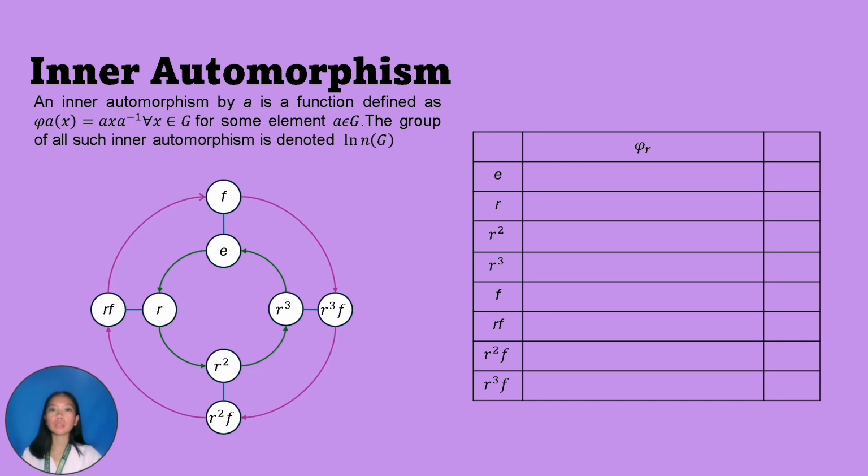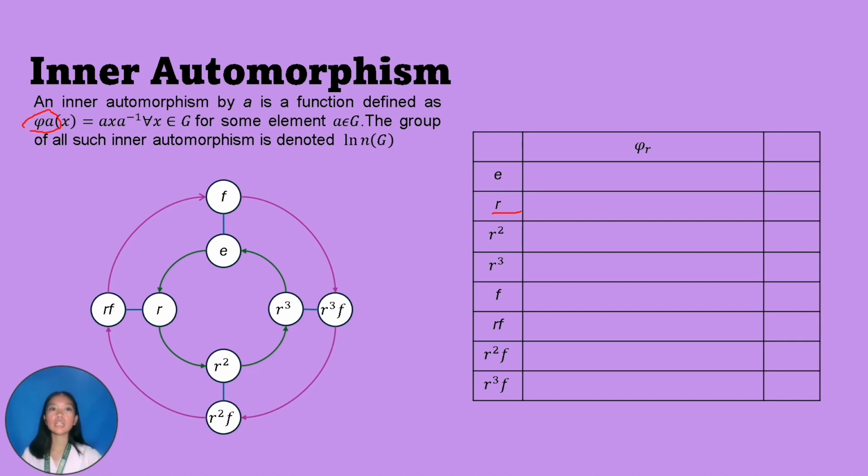Another type of automorphism is called an inner automorphism, and that is induced by a specific element of G. So you can do this for each and every element of G. In this example, we're going to use R, and the inner automorphism induced by R, denoted by P sub R, is essentially taking every element in our group and multiplying it.